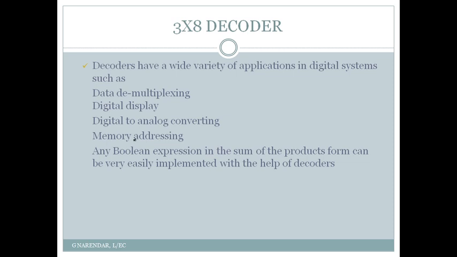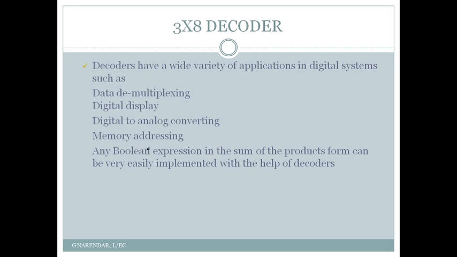And you can also see that as each output of the decoder is producing one minterm for the given n variables, it is able to produce the 2 power n minterms.